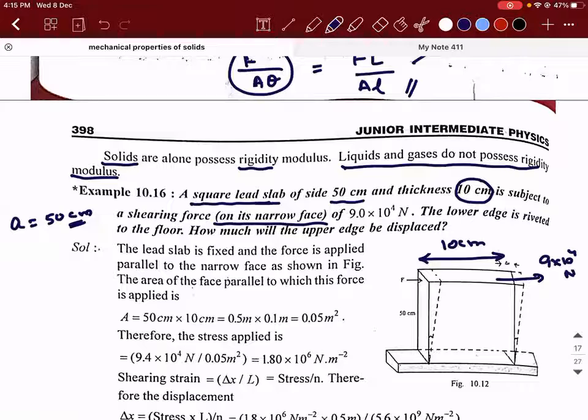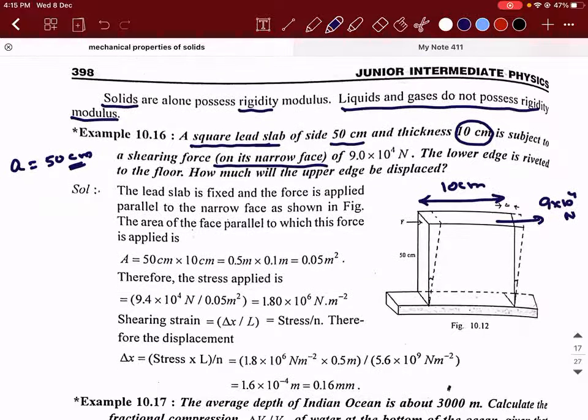How much will the upper edge be displaced? That is what we need to know. So how to solve this? The lower edge is riveted. How much will the upper face be displaced?